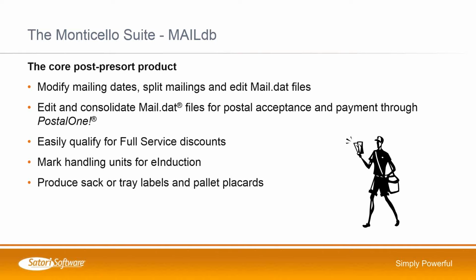What mail.dat is, it's essentially a relational database that contains all possible characteristics about your mailing. It contains data elements representing any conceivable variable that might be present in a mailing. So with mail.dat, you can electronically communicate with the USPS. It's essentially a replacement for the traditional hard copy documentation.